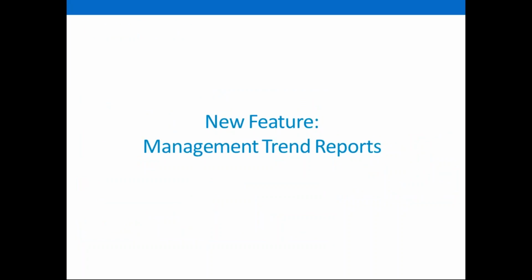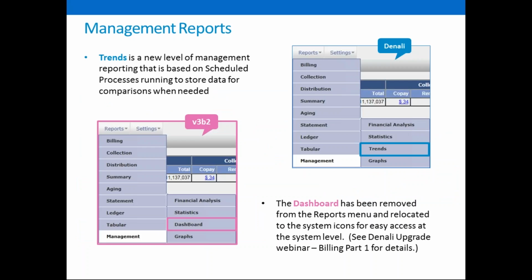Now, we also have added a new type of report called management trend reports. And on your management menu, this is replacing the current drop-down option called dashboard, because as we covered in our other session, dashboard is now a system-level icon available for all users and not just under management reports. So we have renamed that label to trend and added this new level of management reporting.